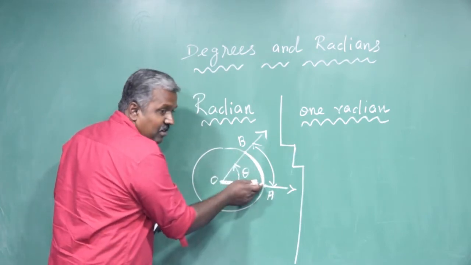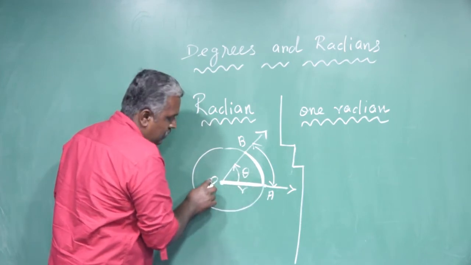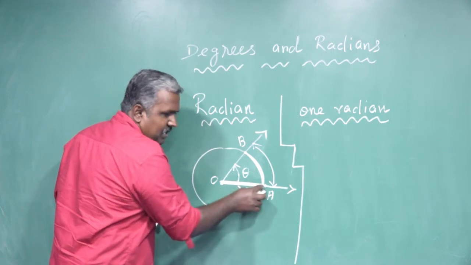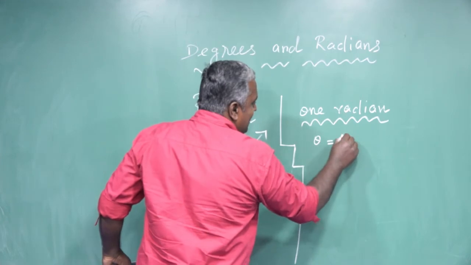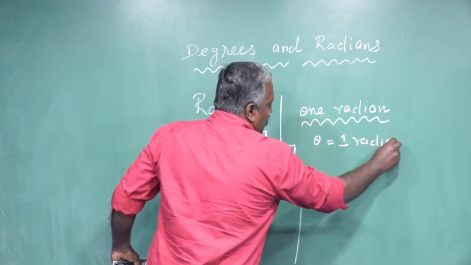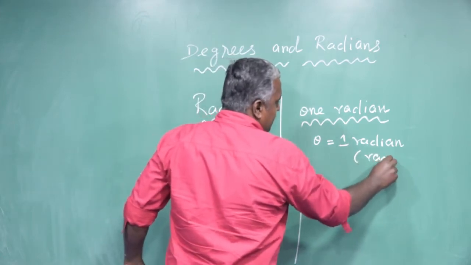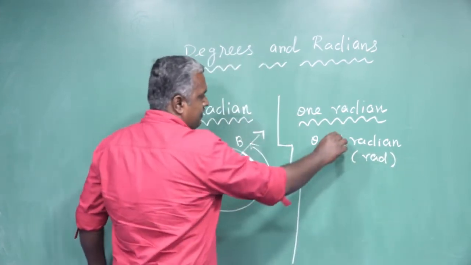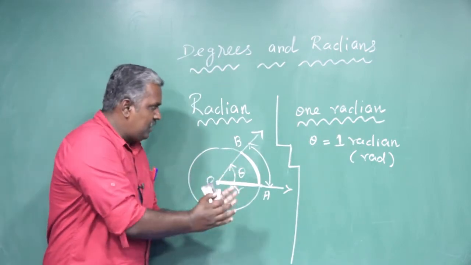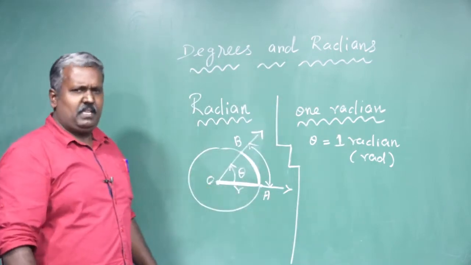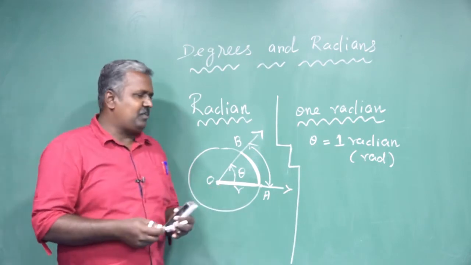Length of the circular arc is equal to the radius of the circle, this is the center of the circle. Now this theta is equal to 1 radian or 1 rad. Radian or rad. Clear? This is about 1 radian. Very simple topic, nothing else.